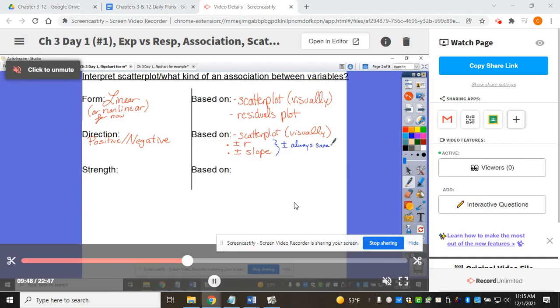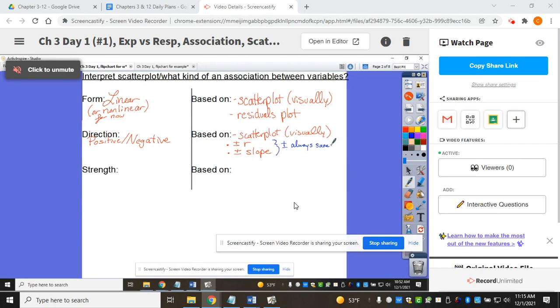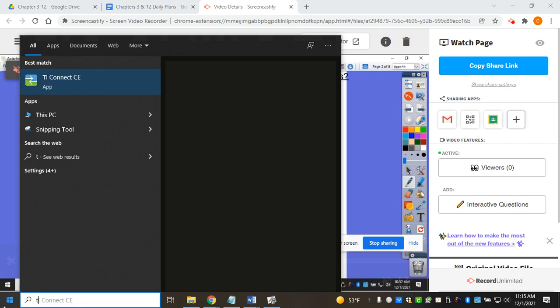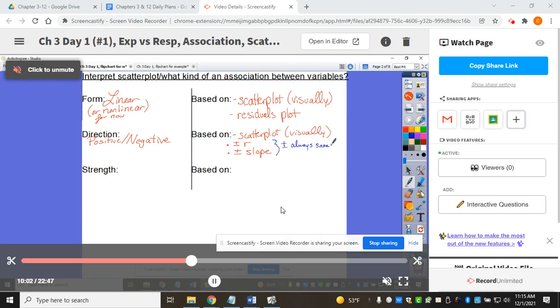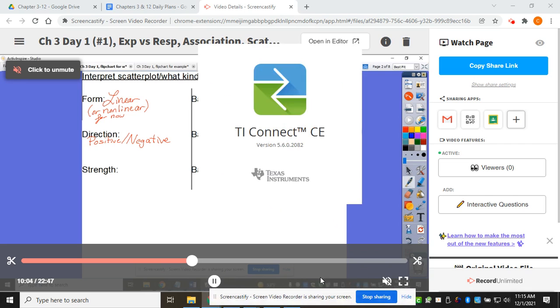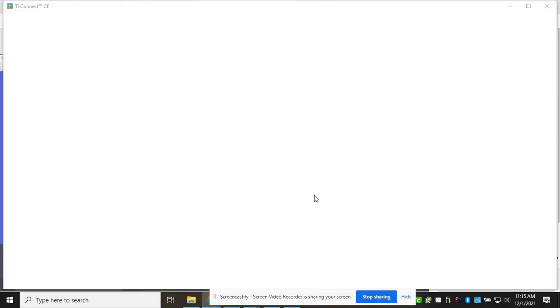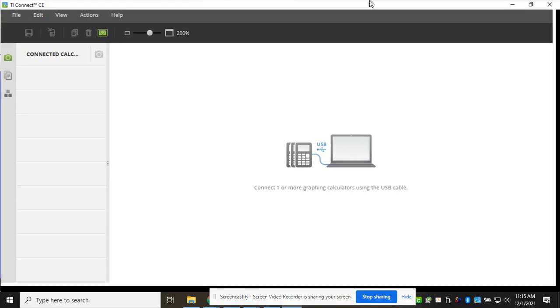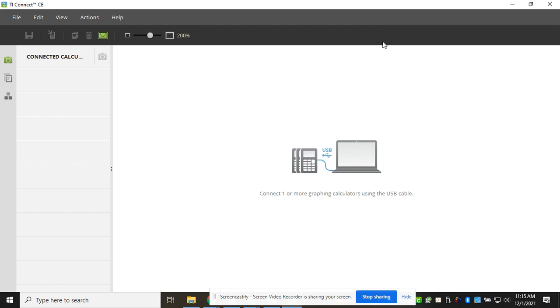So I want to start with talking about this on the calculator, and how to see everything. You can actually graph on your calculator, and it will make the scatter plot for you, which is helpful in general. But to actually make the graph like you just did on paper, seeing it on your calculator really isn't that helpful.